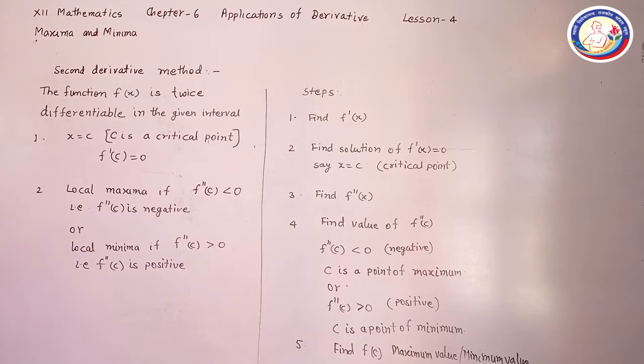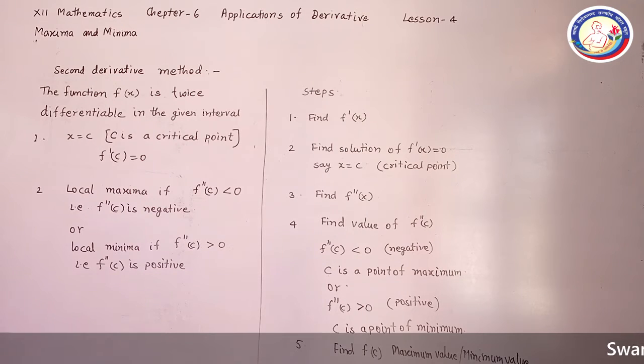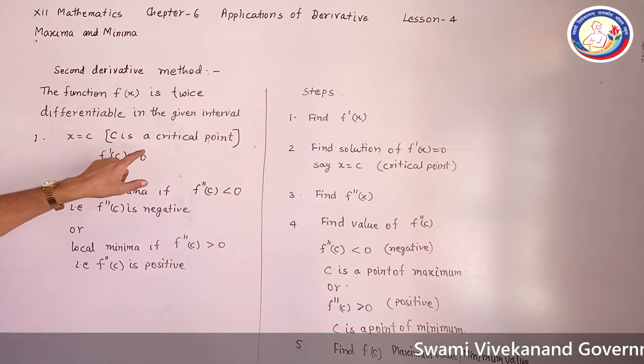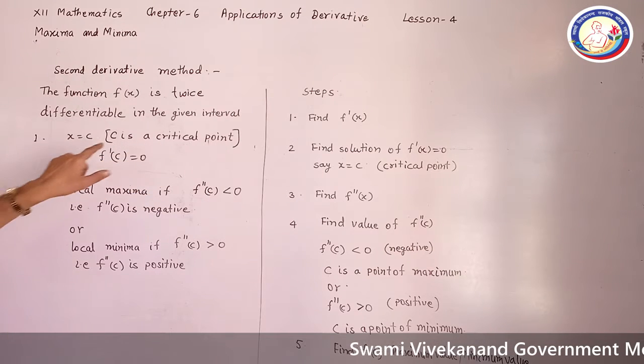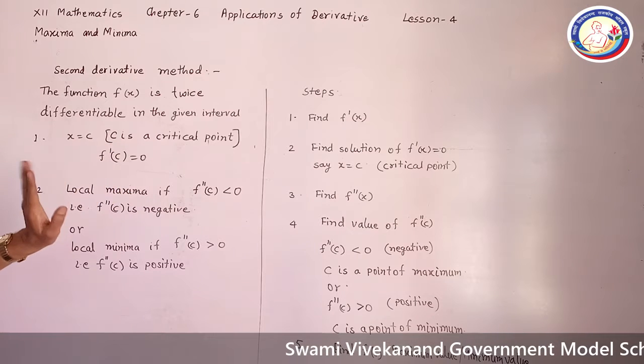Now we discuss the first way to find the maximum or minimum of a function. For this, the given function should be doubly differentiable, that is, we can find the derivative of the derivative. This will be the way. First of all, find a critical point C, where the derivative is 0.